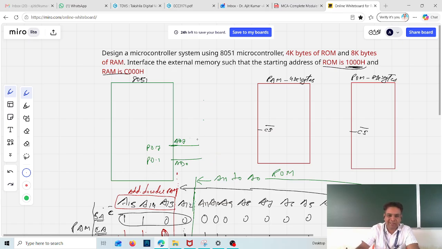Okay, we are supposed to pass this through a latch. So I'll draw the latch here. And the output of this latch will become A0 to A7.